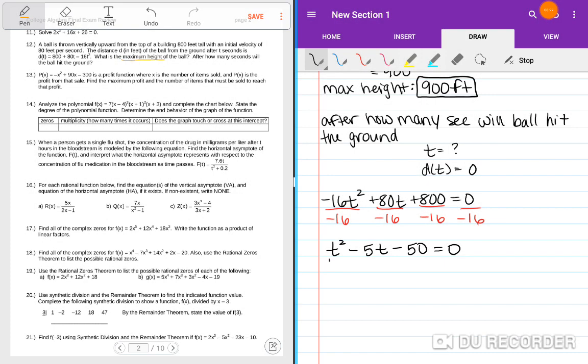All right, so this will actually factor, I believe. Let's see here. So 50 would be 10 and 5. Negative 10, positive 5. So when I set these equal to 0, I'm going to get t equals 10, t equals negative 5.